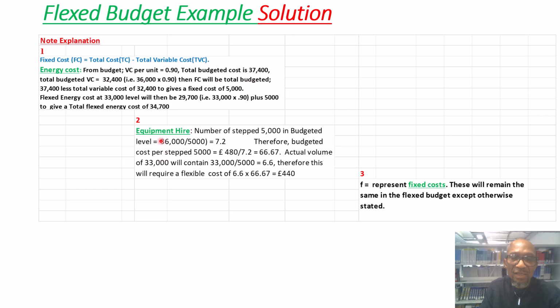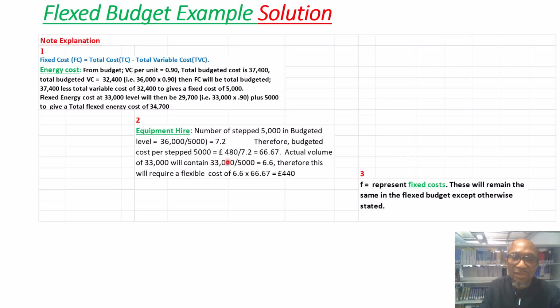For equipment hire, again, we need to see how many 5,000 we have in the budgeted level of activity. So 36,000 divided by 5,000 gives us 7.2 times. Now, as the cost is 480, it means that each step will be charged 66.67 pounds.